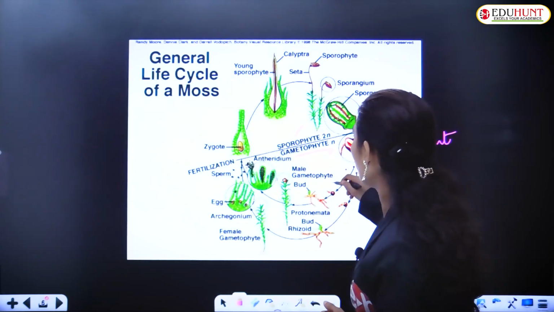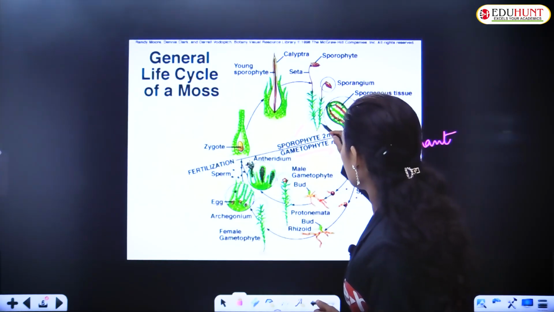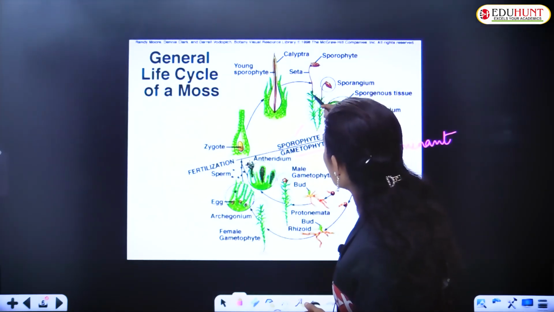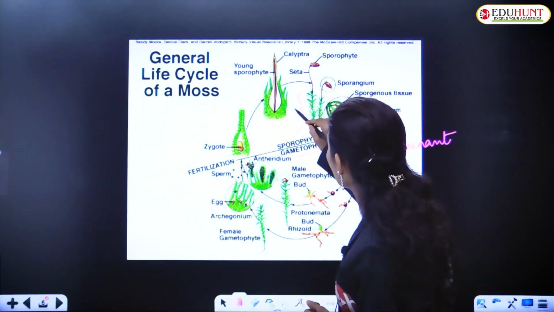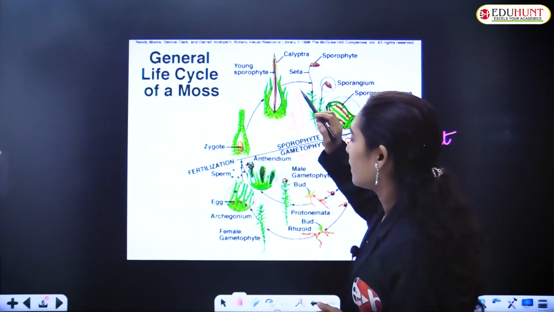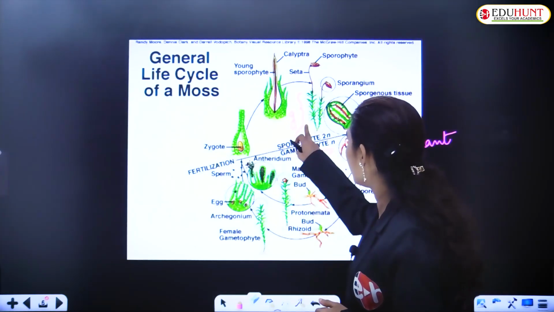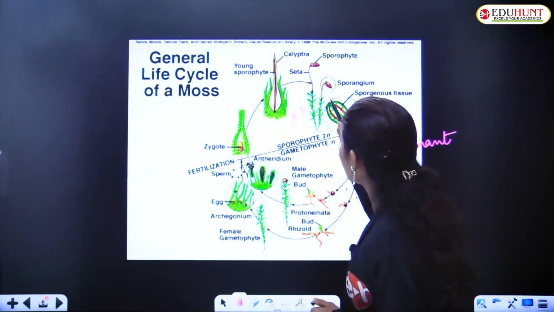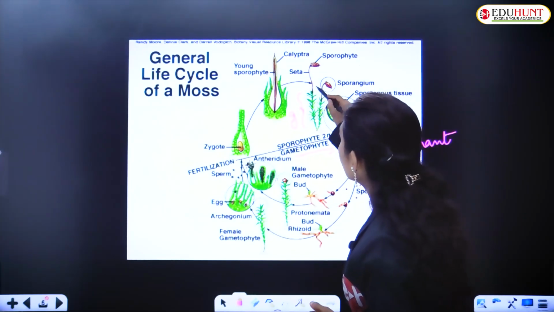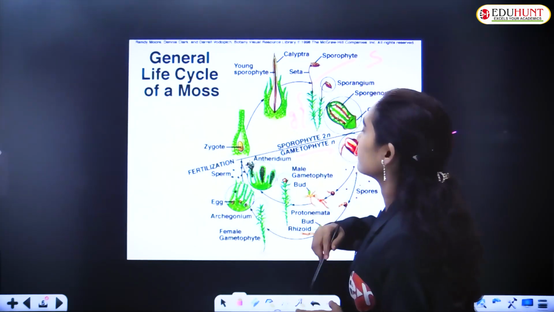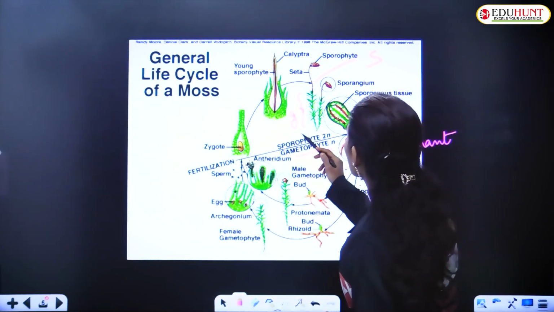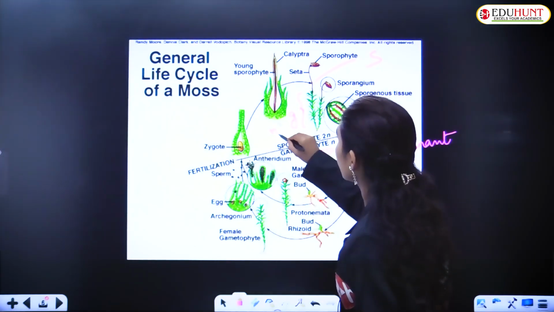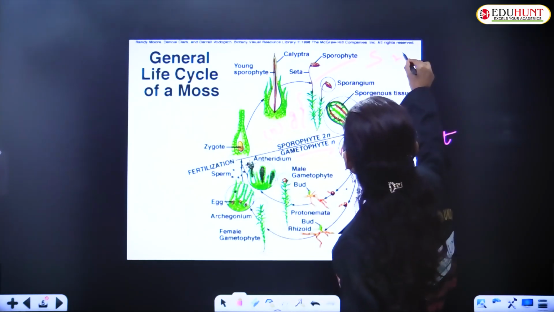If you see the picture, this is the gametophyte, I am marking it with G. This is the gametophyte, and that is the sporophyte. It is a haploid phase and this is the diploid phase.